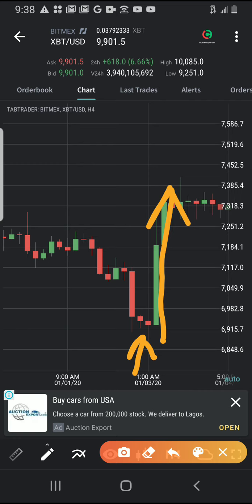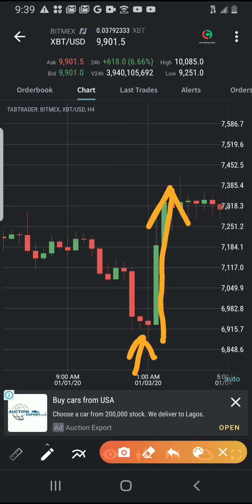So you see, aside from support and resistance, you also look out for candlestick reversals. You look out for candle reversals in a support region, like hammer and inverted hammer, in a downtrend region.